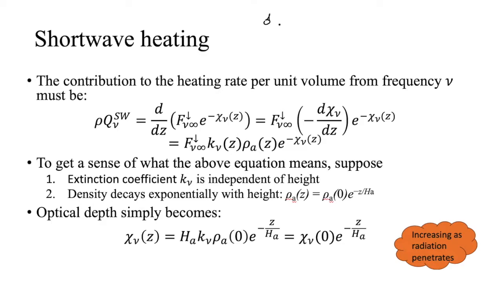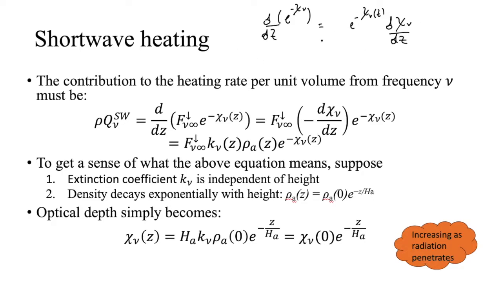Now, the derivative over z of e to the minus chi nu would be simply e to the minus chi nu, because this is an exponential, but also the derivative of chi nu with respect to z. This is the law of derivation of composite functions, okay?